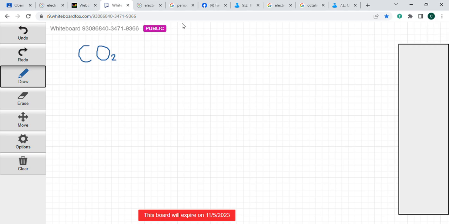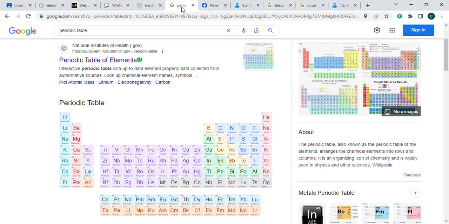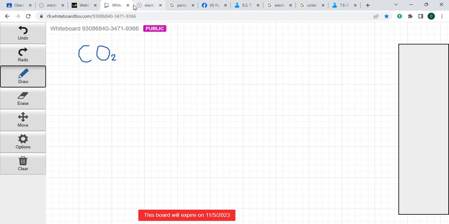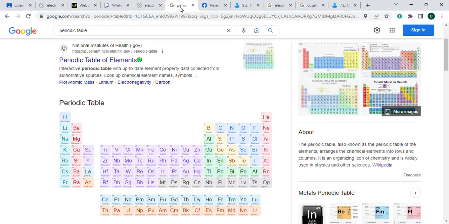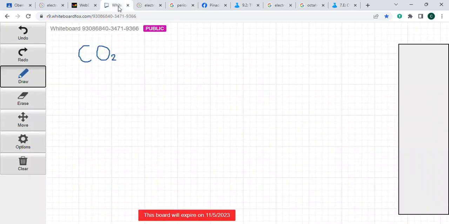Based on the periodic table, the valence electron of carbon is 4, while the valence electron of oxygen is 6. Okay, 4 and 6. Now, once we have identified the number of valence electrons, we can draw the Lewis dot structure.